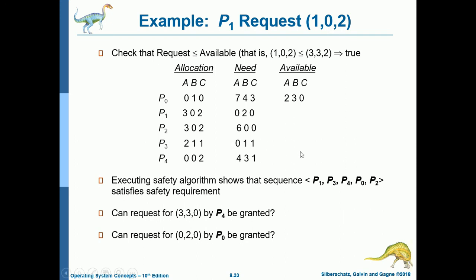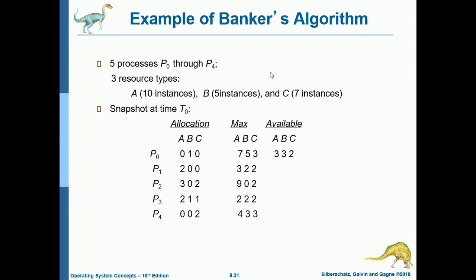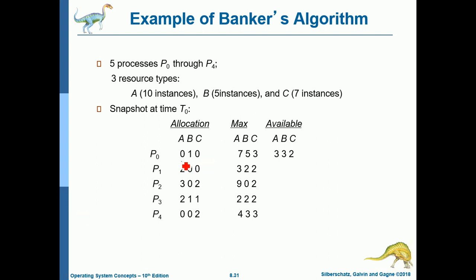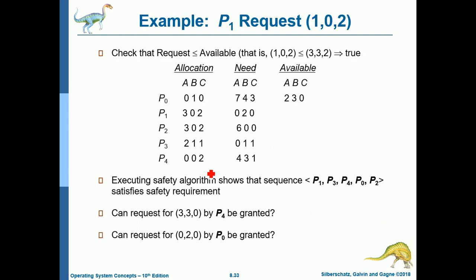So as you can see, what happened here is that P sub 1 is 200, and since it requested 102, you have to add that. So 1 plus 2 is equal to 3, then still 0, and then 2 plus 0 is equal to 2. That's why the new allocated resource is 302.